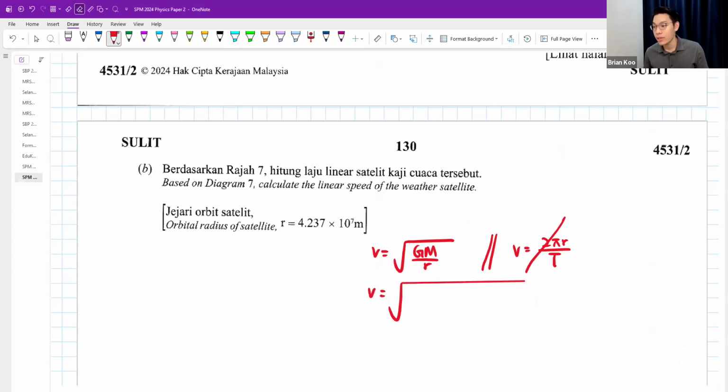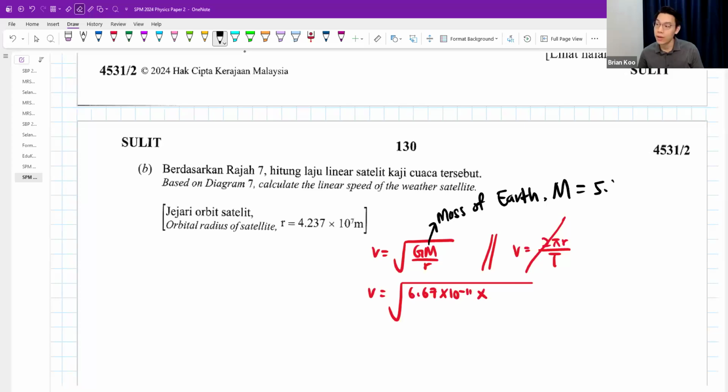The G value is given in the formula sheet, 6.67 times 10 to the power of negative 11. The mass of Earth was given in the formula sheet. Most of the time in most formula sheets it is not given, but this one was given. Mass of Earth, big letter M, is 5.97 times 10 to the power of 24 kg. So you can just use that.